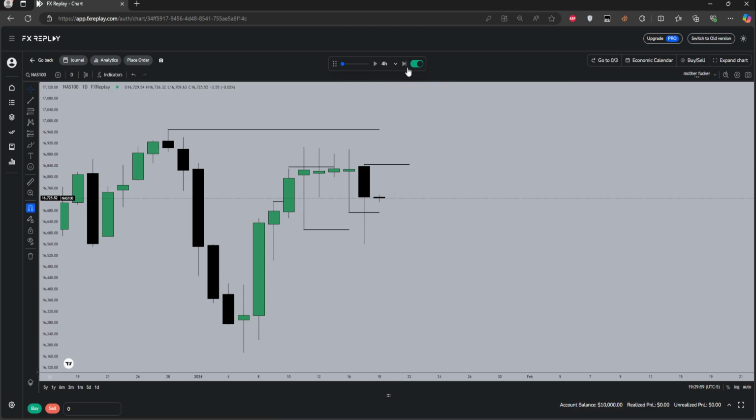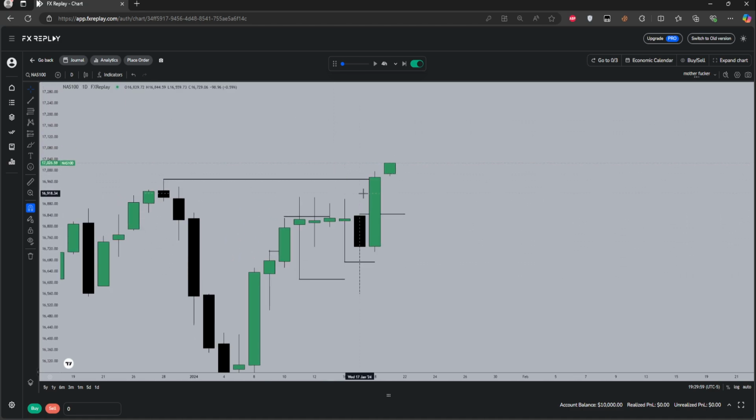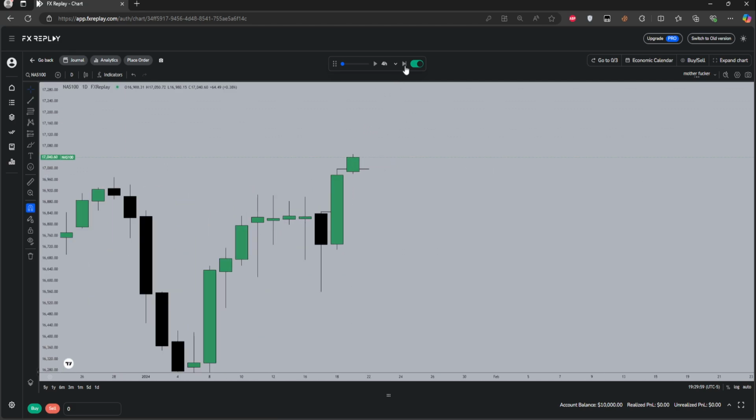Here. And that gets swept. And as we can see, accumulation, manipulation, distribution, the power of 3. Now, where is our drawn liquidity? After we can see here, close above the high here, our drawn liquidity will be up here, which gets swept.